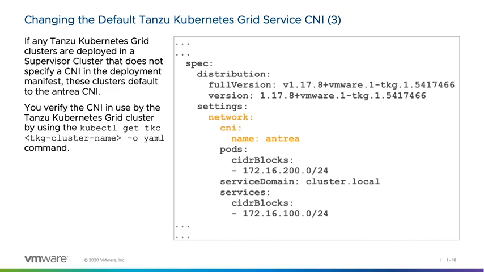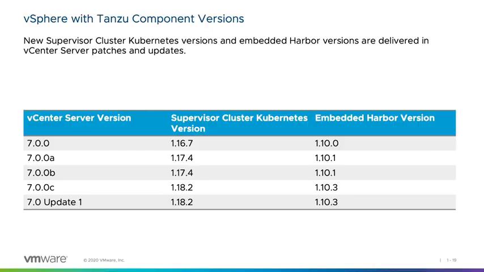New supervisor cluster Kubernetes versions and embedded hardware versions are delivered in vCenter Server patches and updates. The following versions are released in the vCenter Server versions and patches that have been released to date.